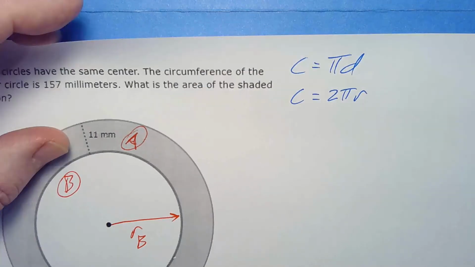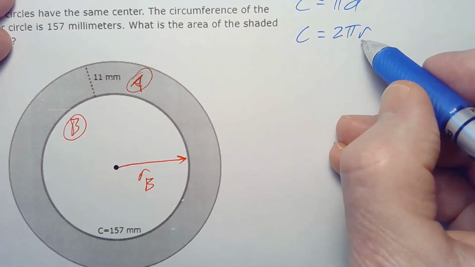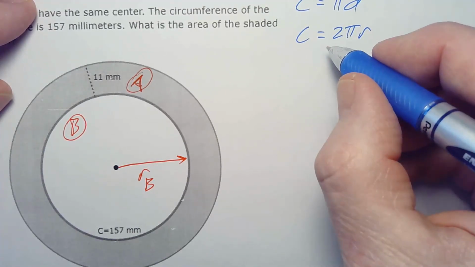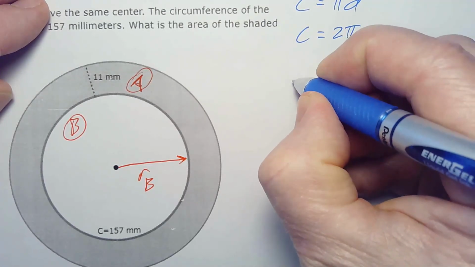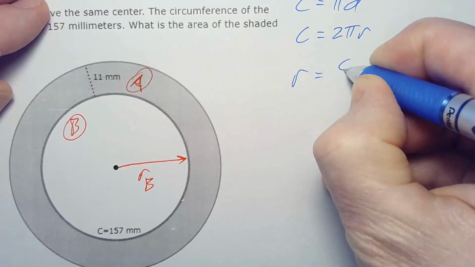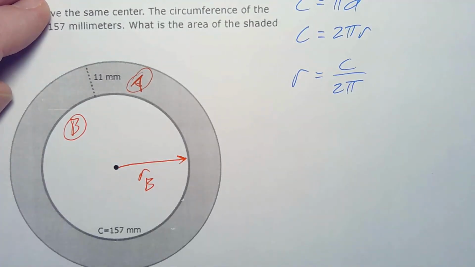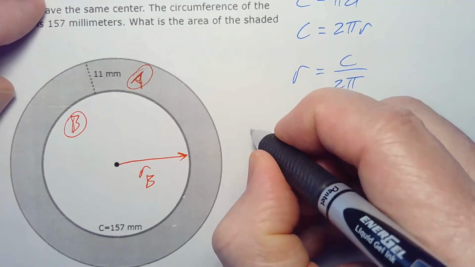But I'm actually going in the opposite direction, aren't I? I know the circumference. I'm trying to find the radius. So I'm actually going to use the version where I divide both sides by 2 pi. So actually what's going to be helpful here is radius equals circumference over 2 pi. That's the version I want to use today. Because again, I know the circumference, I want to find this radius. Well, okay, so let's be specific.